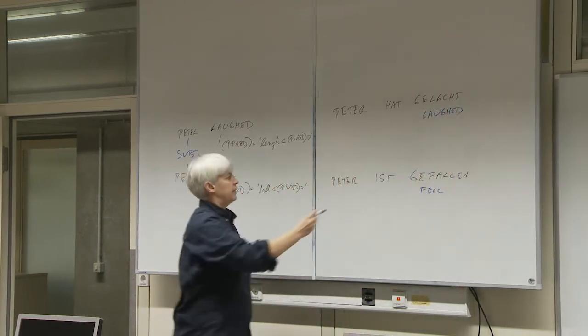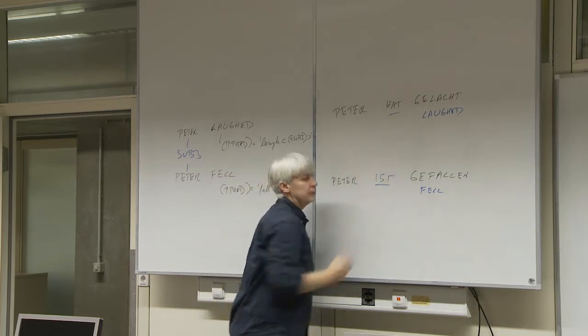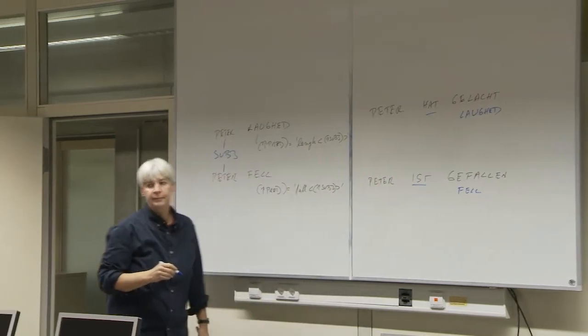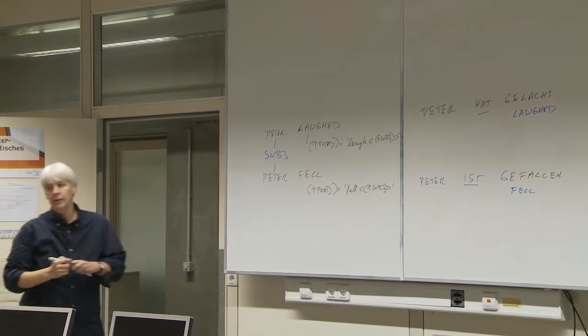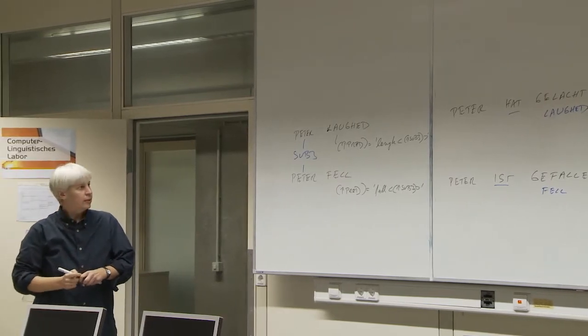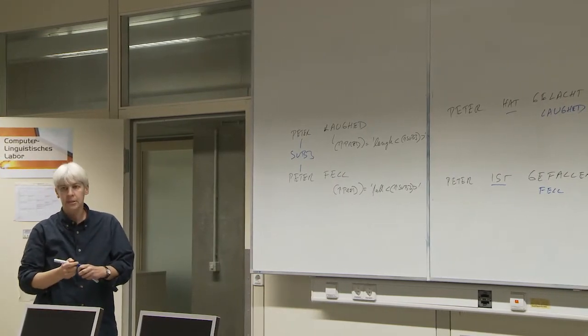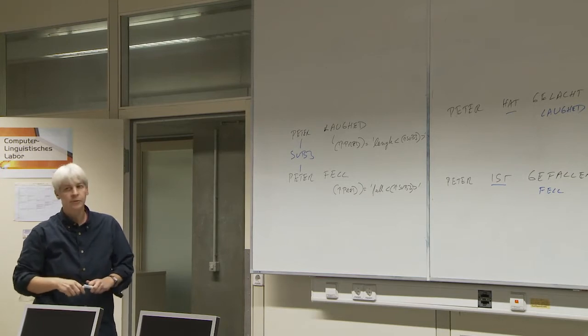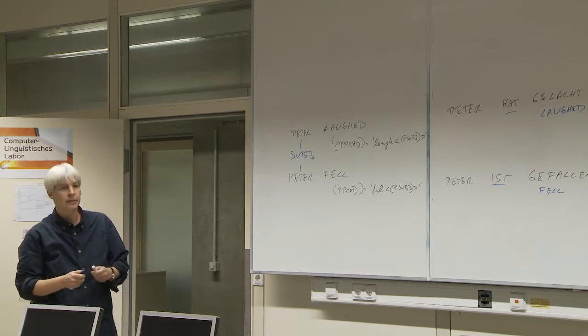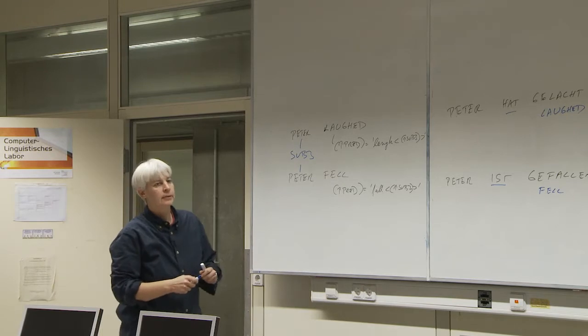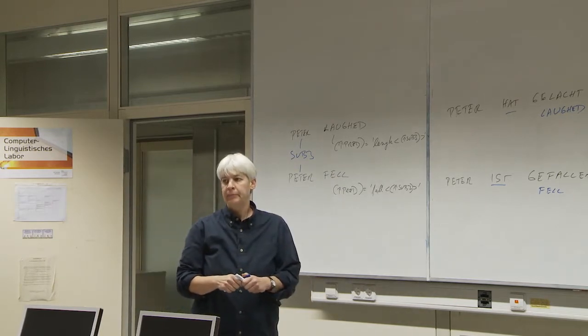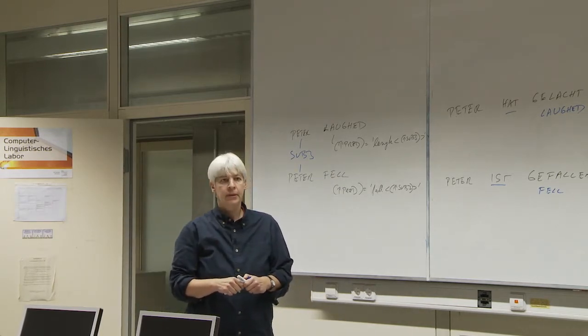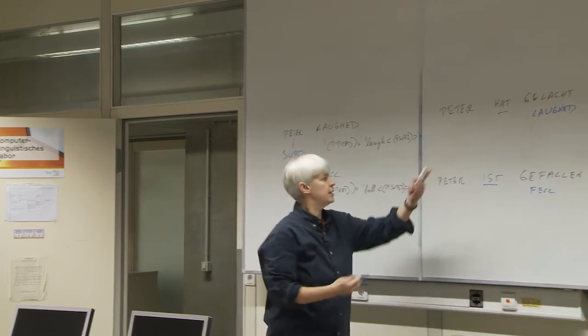And now notice something. We have a different auxiliary verb here in German. Who knows why this is? Probably most of you or some of you have encountered this before. Both are intransitive verbs, but they take a different auxiliary.